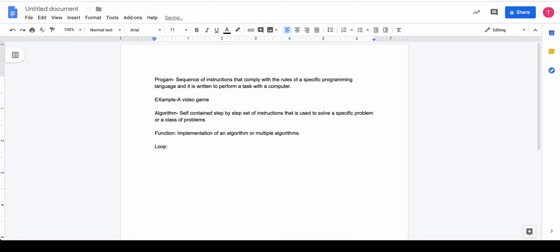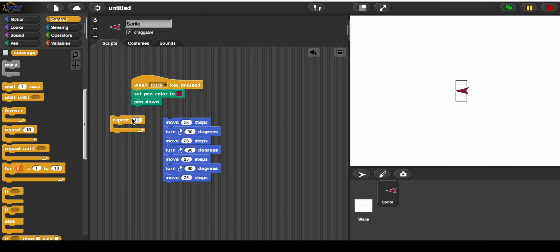A loop is a sequence of instructions that repeats itself over and over until a condition is met. So, what does that mean?